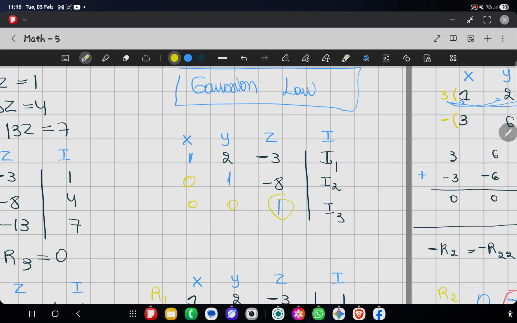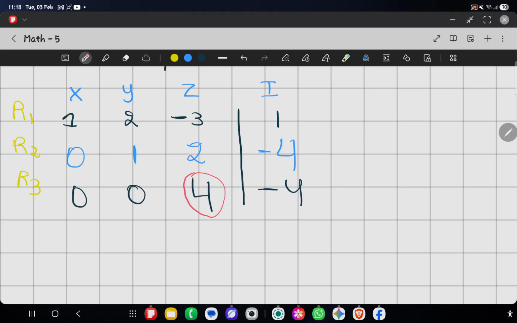In order to turn it into 1, and since there's 0 here and another 4 there, what if we divide only this row by 4? We're still going to get to the answer. We don't need to work with this 2, so we can just solve the row on its own.